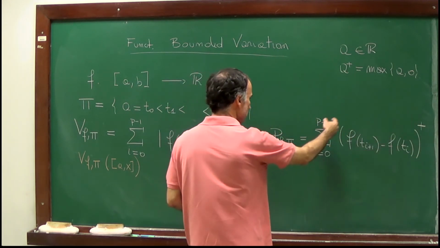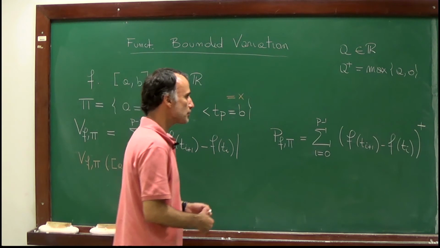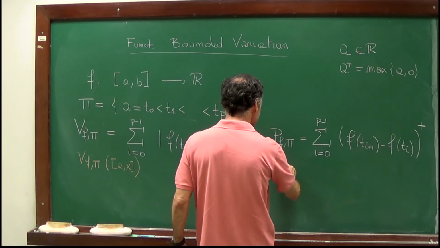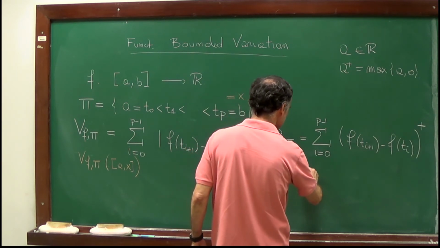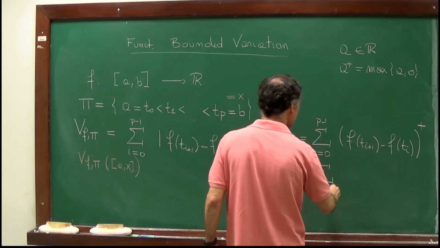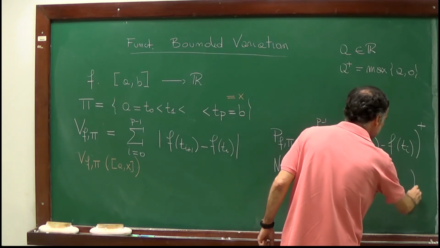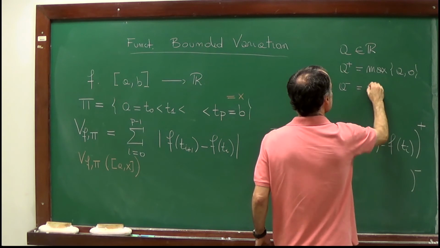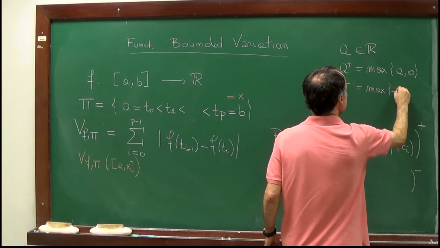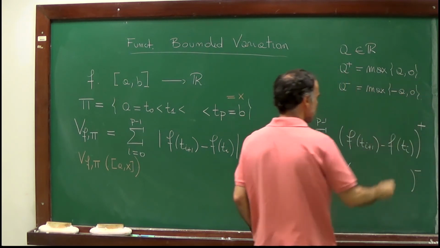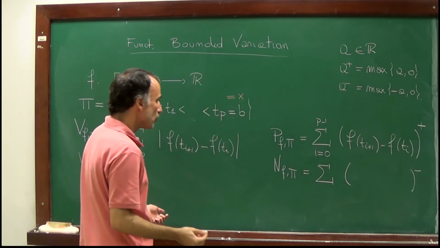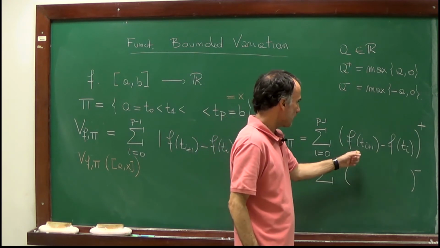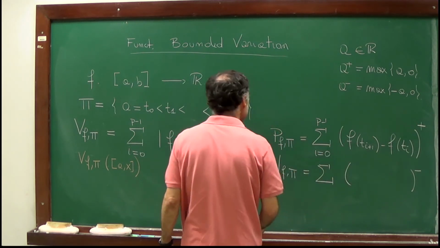So this is the sum of the positive increments, and in the same way, I have the sum of the negative increments, where now I will take the negative part, and a minus will be the maximum between minus a and 0. And of course, it's clear that if I sum these two, I get the total variation.